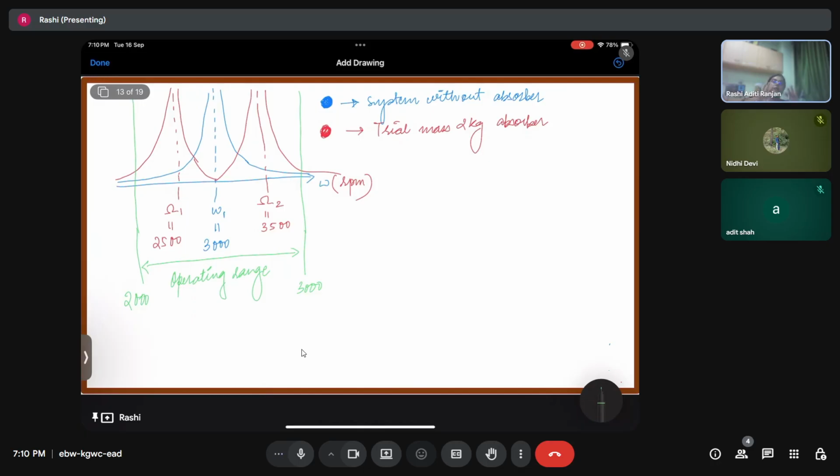That is how we design the safety of a system. Either you keep the system out of the natural frequency zone, or you already have the frequency zone that is defined for the system. So you make the system in such a way that the resonance is away from the operating zone.